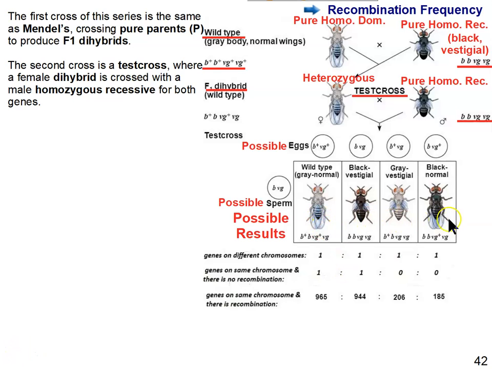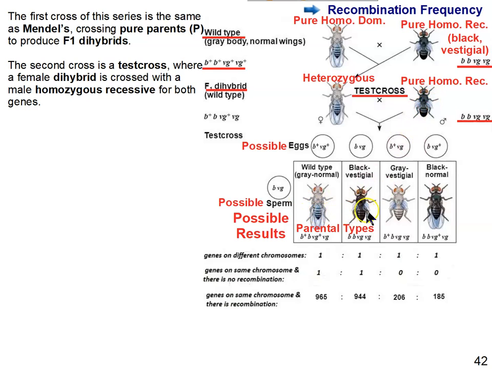But you'll notice in looking at these phenotypes that these 2 possible offspring are actually what we call parental types. In other words, they're the same as the parents. So these represent heterozygotes, which is like the parent, heterozygous for both genes, and then these flies represent the homozygous recessive for both genes parent.